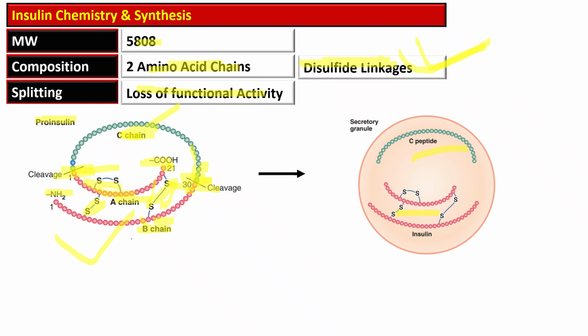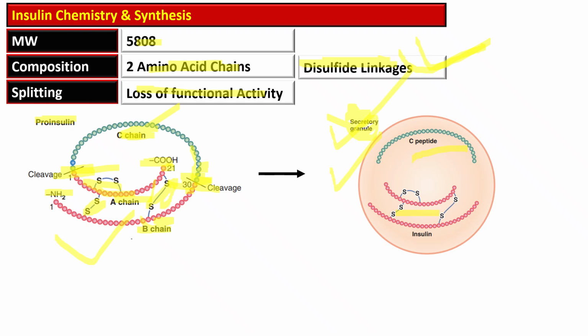So there is maturation of this proinsulin into insulin inside a secretory granule. The C chain is representing the connecting peptide that links the A and B chains in the proinsulin, and during maturation in the secretory granules it is cleaved off from the proinsulin to form the insulin.